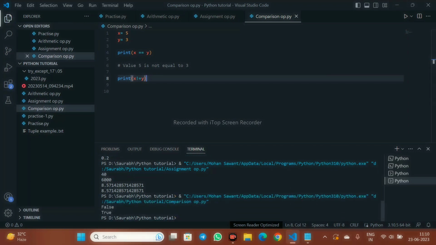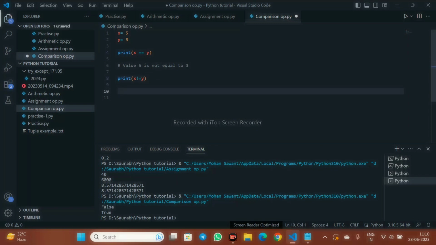It gives me true here. Our first one is false because y is not equal to 3, and this one is print not equal to. That means if the values of two operands are not equal, then the condition becomes true.